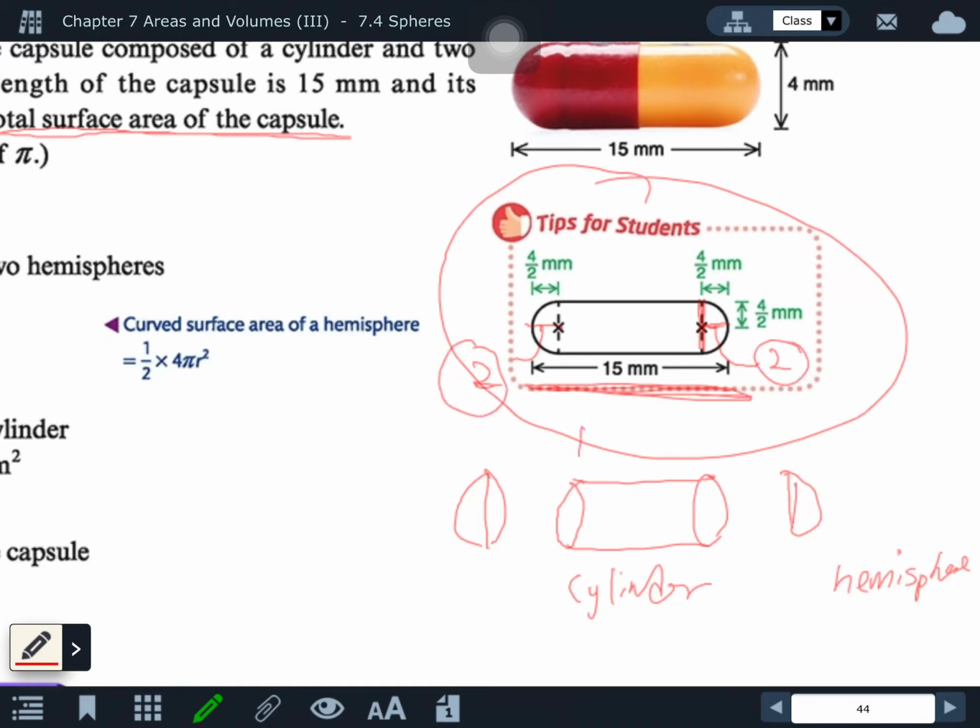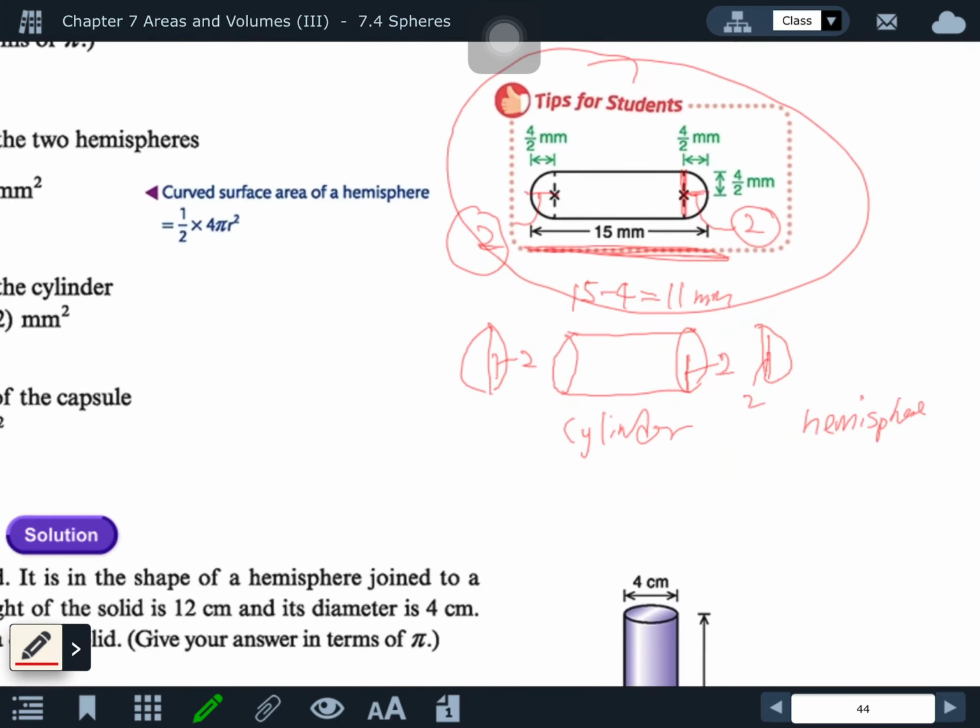Therefore, the cylinder height is 15 minus 4 equals 11 mm. And we can see that for both the hemisphere and the cylinder, the radius is also 2. Now we just need to add up all their curved surface areas together.